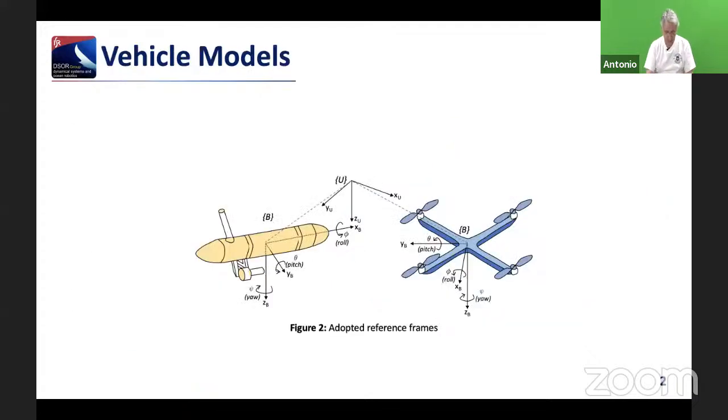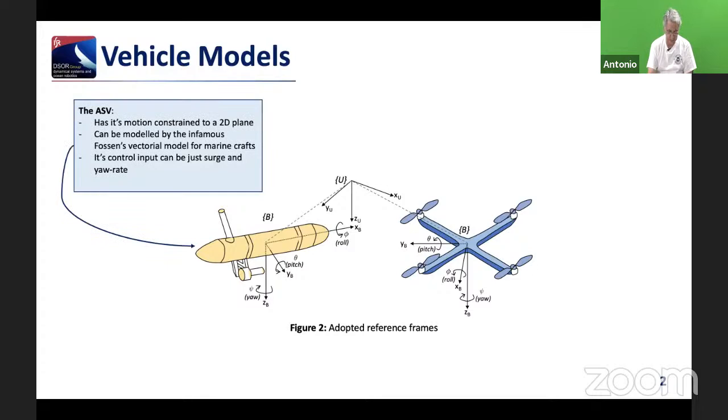So it's very interesting because it brought together aerial and marine vehicles. Marcelo did a very nice thesis. There are some reference frames involved. I'm not going to get into the details. For the autonomous surface vehicle, the motion is constrained to a 2D plane. Of course, I've covered the modeling, so there's no problem.